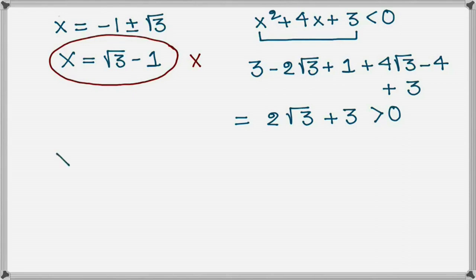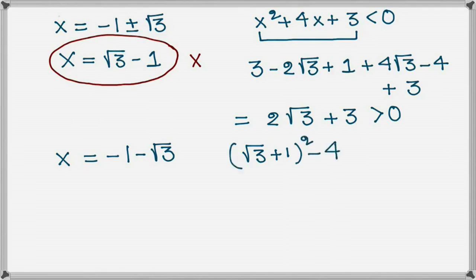Then we consider x is equal to minus 1 minus square root of 3. So when we substitute this, we obtain that square root of 3 plus 1 whole square minus 4 into square root of 3 plus 1 plus 3.